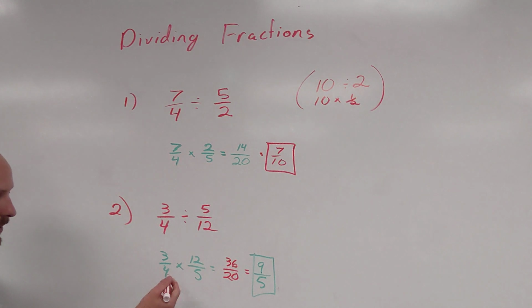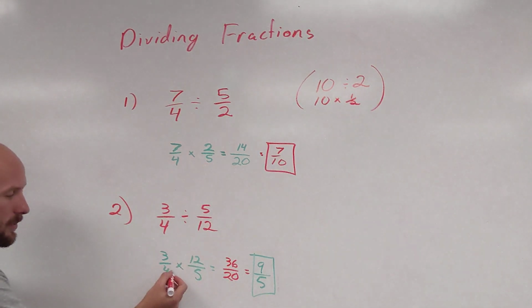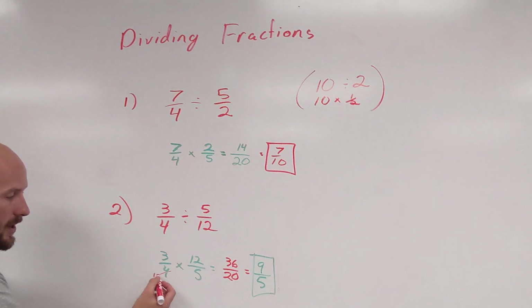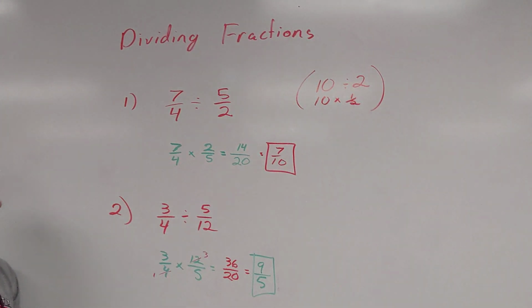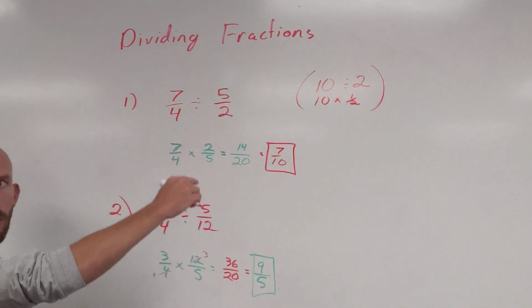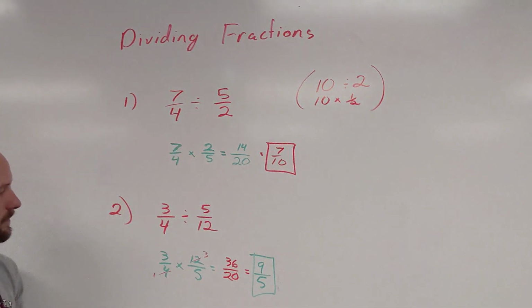To start with, I can see 12 and 4 are both divisible by 4. So you can divide a 4 out, divide a 4 out, and then you're just basically reducing ahead of time. It keeps smaller numbers. You remember me doing that? I'm fine if you do that. It's just you don't have to. If that confuses you, just multiply straight across and then reduce at the end.